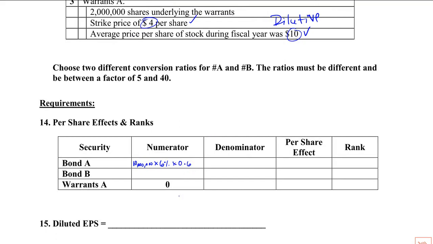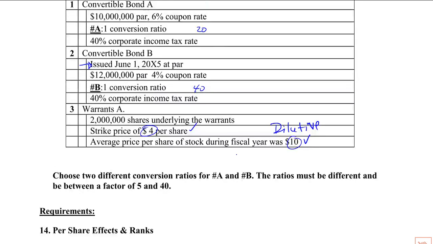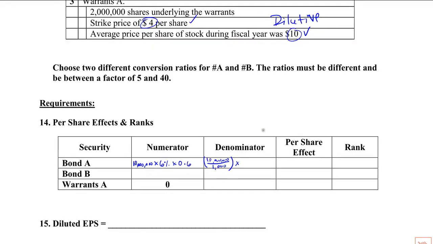Okay. The denominator is going to be 10 million. This is the number of bonds, divided by 1,000. That's one bond. So what I'm writing in parentheses here, this 10 million divided by 1,000, which is 10,000, is the number of bonds. And times the conversion ratio of 20.